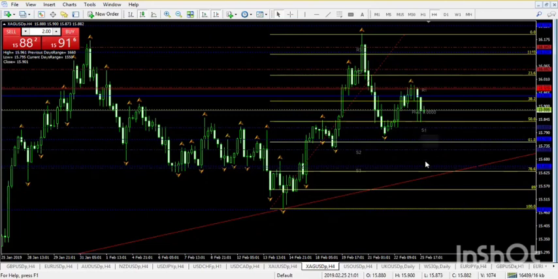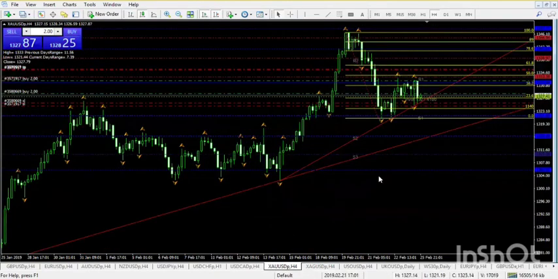When you draw a Fibonacci, 78 and 89 level overlap the swing lows. For example, I have drawn a Fibonacci here, and I have a 78 level here. This is my swing low pivots.